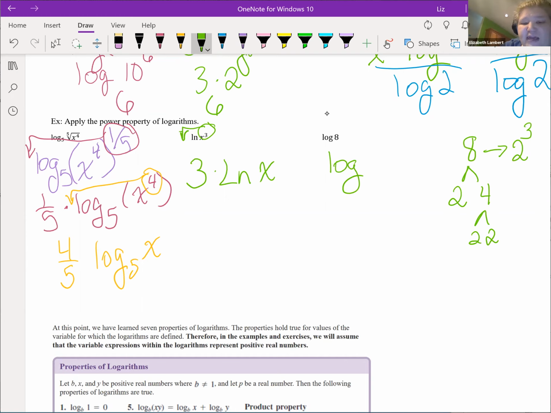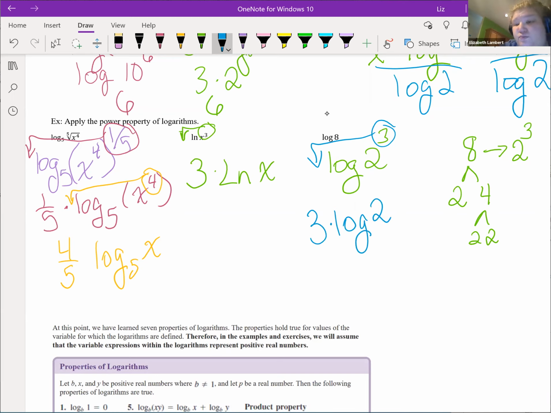So our log of 8 is the same as the log of 2 to the 3rd. And just like the previous example, power down. So the log of 8 is the same as 3 times the log of 2. And you could crunch both of those on the calculator and see they are indeed the same exact decimal.